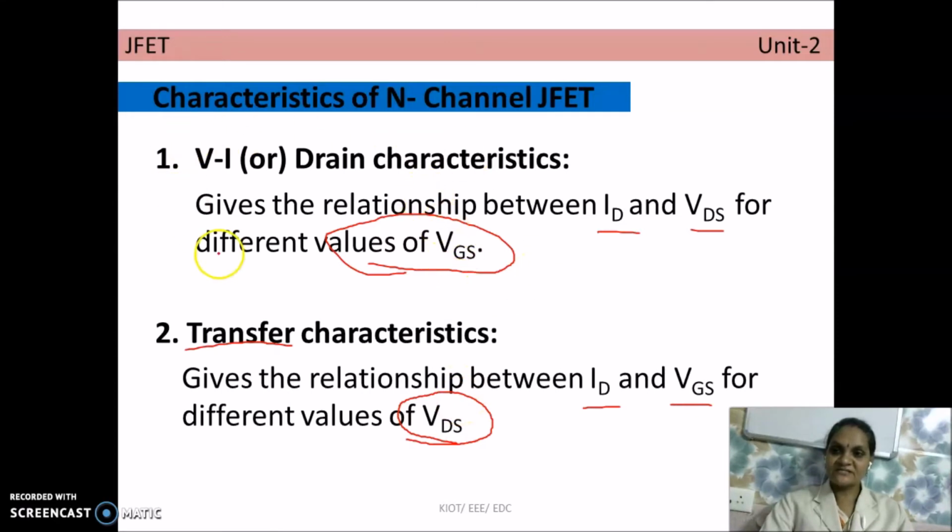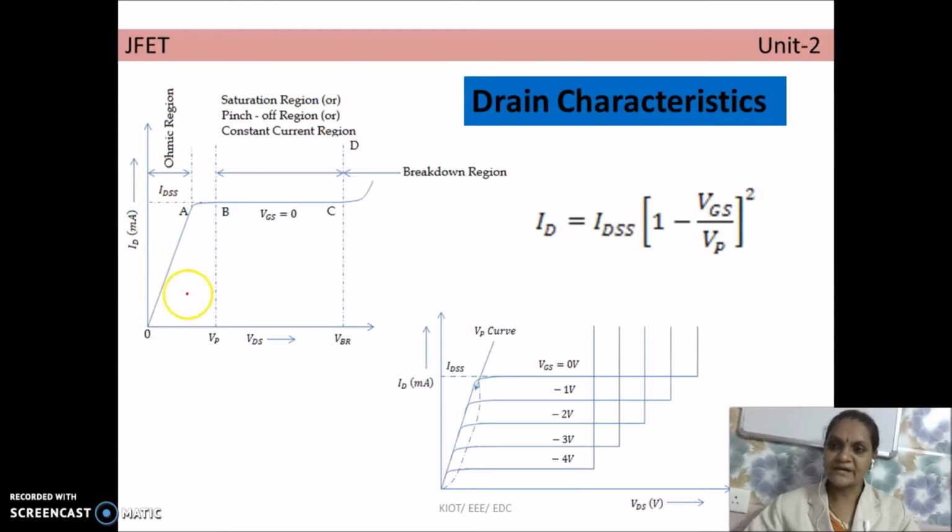First we will look at the drain characteristics. The drain characteristics are plotted by taking the voltage VDS on the x-axis and ID on the y-axis. When VDS is equal to 0, the drain current is also equal to 0, because this is an unbiased condition. Both voltage and current are 0.